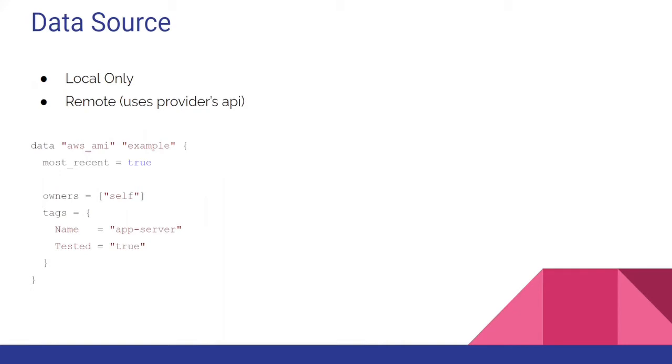When we say remote, the data block is used with the help of the plugin's API. It is very similar to a resource, but in terms of CRUD, this is read only. It doesn't do anything, it just gets the information whether it is present or not. A resource block can be used to create, update, or delete.